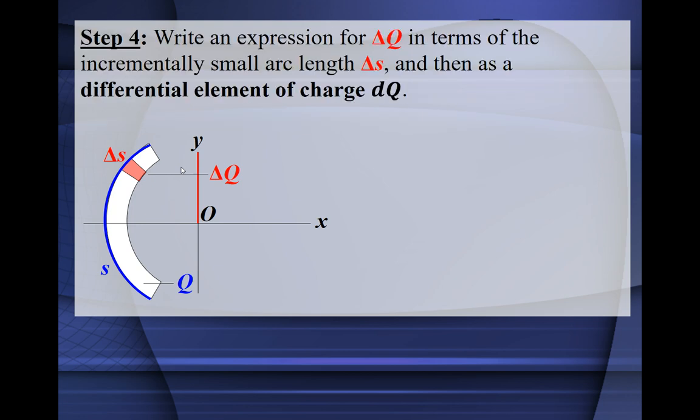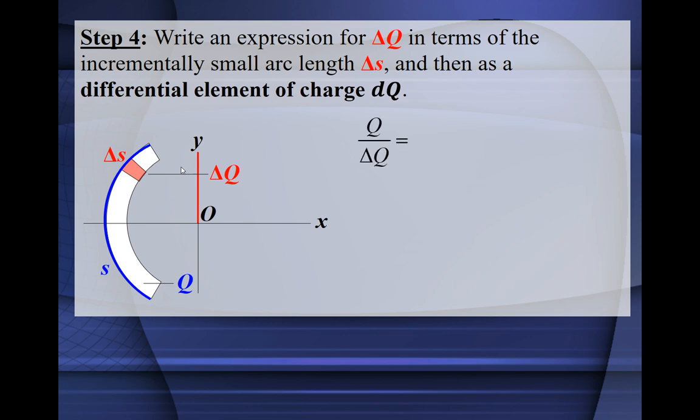What we're going to do is write an expression for delta Q in terms of the incrementally small arc length. Then we'll change it to calculus notation, where we write it as a differential relationship as opposed to being in terms of delta S. So we can do a ratio between the variables we see on the picture.